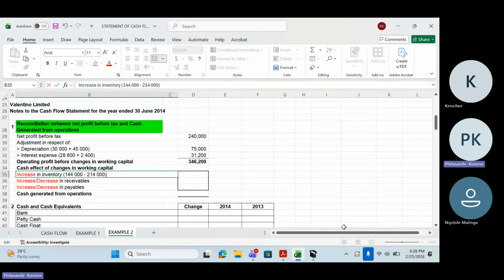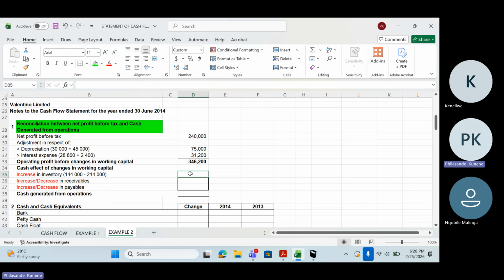If the inventory increased, we purchased more inventory, so there was a cash outflow because you are using cash to buy the trading stock. How much is the difference? 144,000 minus 214,000 is 70,000 rands. We're saying this is an outflow, so I'm going to have minus 70,000 rands.